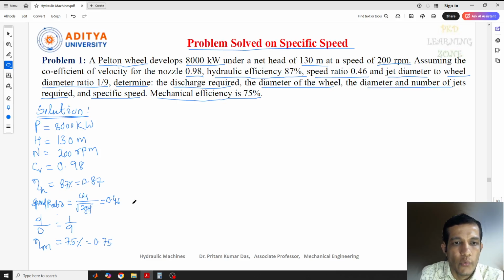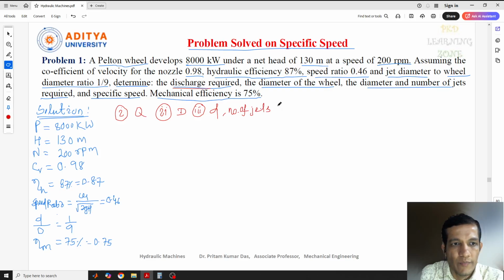So these are the data given, and what do we need to calculate? First, the discharge required. Second, the diameter of the wheel, capital D. Third, the diameter of the jet, small d, and the number of jets required.